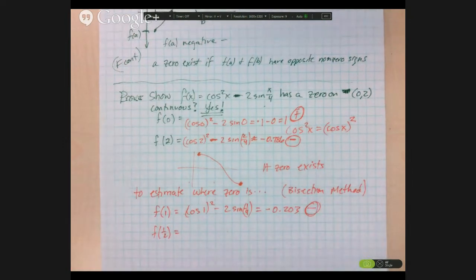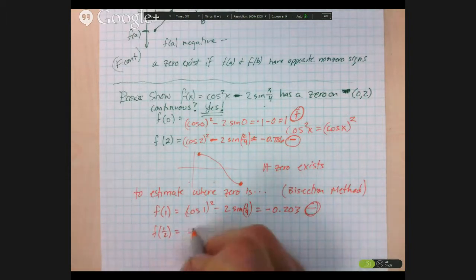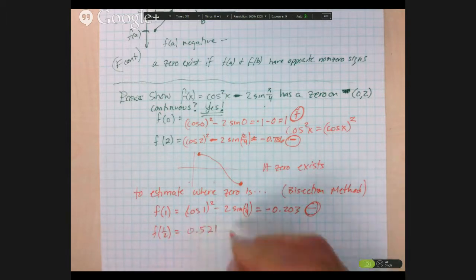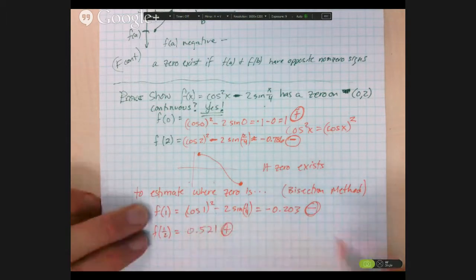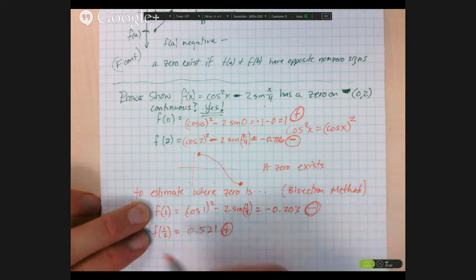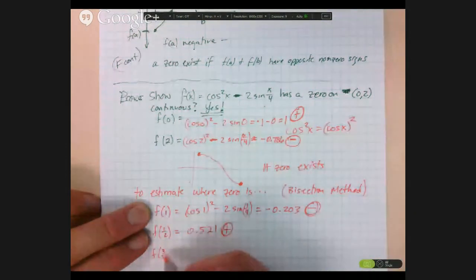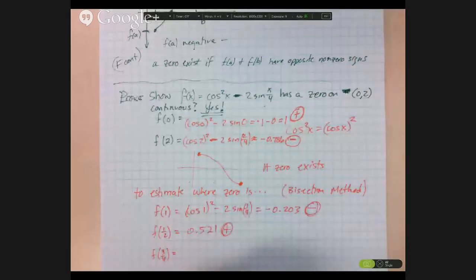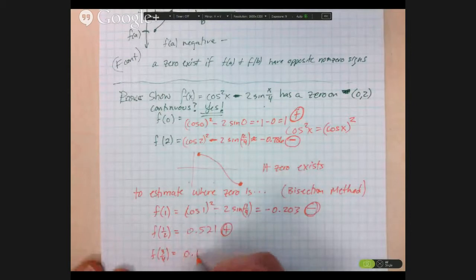What's f of a half? 0.521. That's positive. So we know it's between 1/2 and 1, right? What about 3/4? Do you see where I'm headed here? 0.163 is positive.